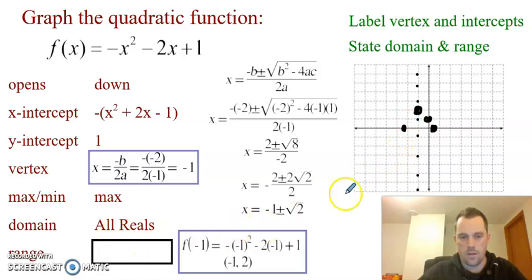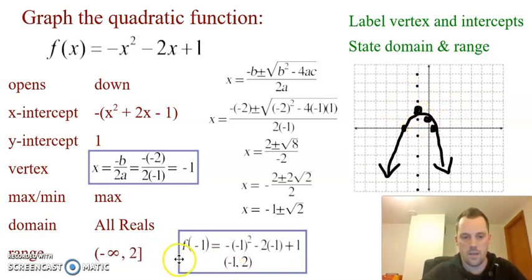The only other thing to talk about is the range, but I don't need that to graph. Again, even if your graph is really sloppy when you draw it, as long as these points are accurate, then you should be good. So going back to my range, my vertex is at a y value of 2, so it's from negative infinity to 2.